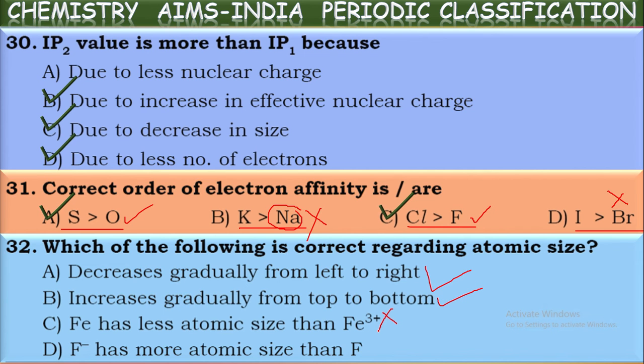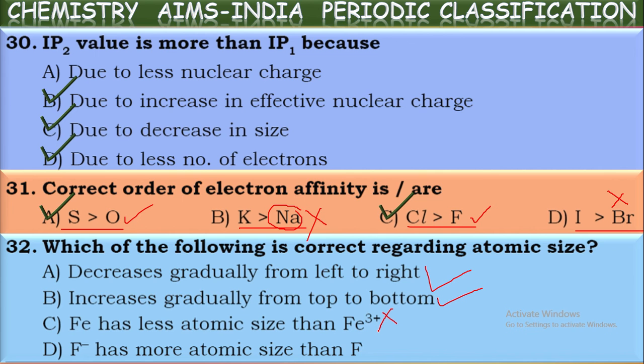Next one, F minus has more atomic size than F. Will this be true? Of course, yes, because F minus means fluorine gained an electron. By gaining electrons, the size of the atom increases. Anions have greater size than neutral atoms because they have extra electrons. Between the already existing electrons and this extra electron, some repulsion occurs.